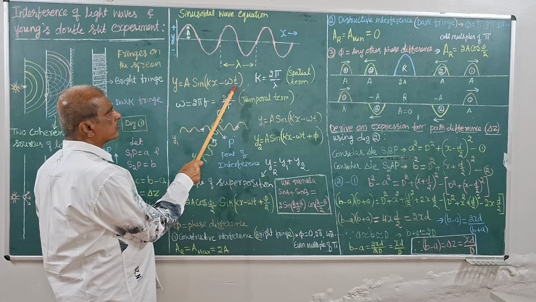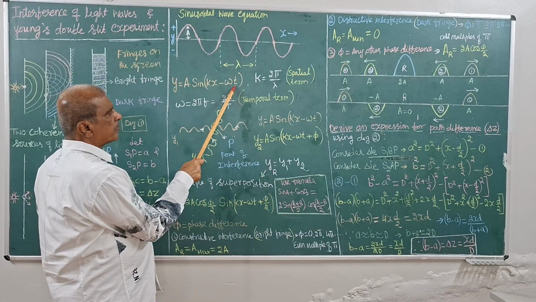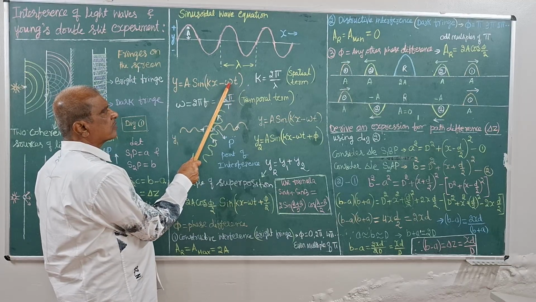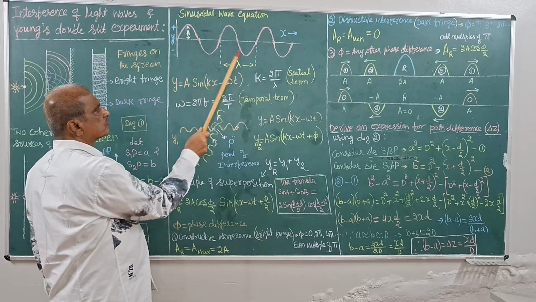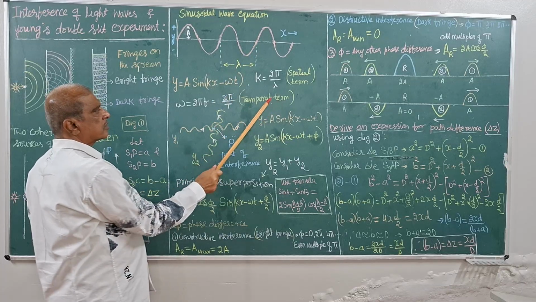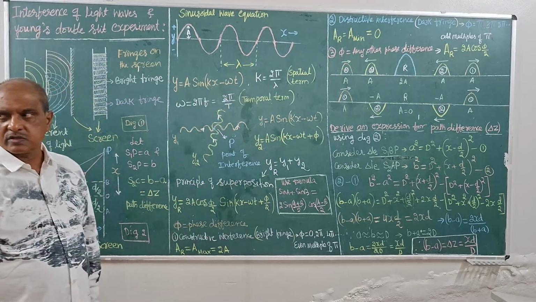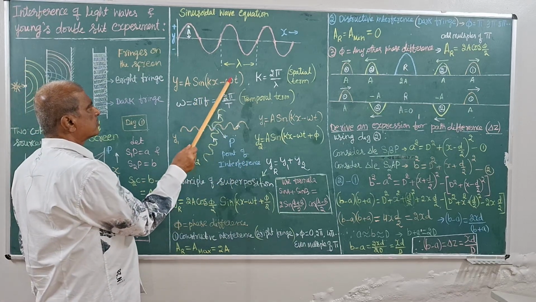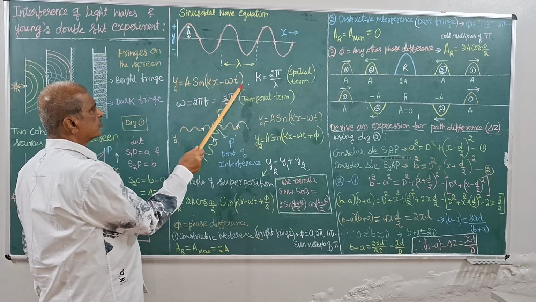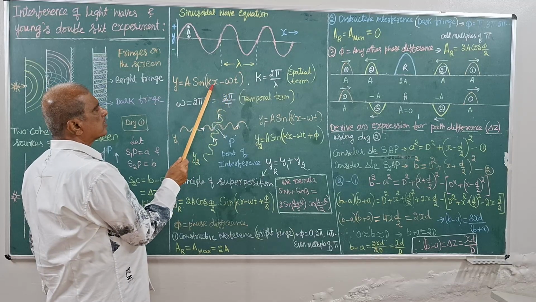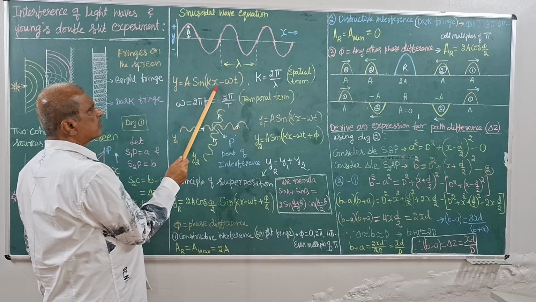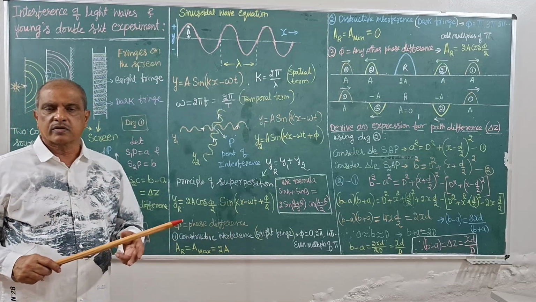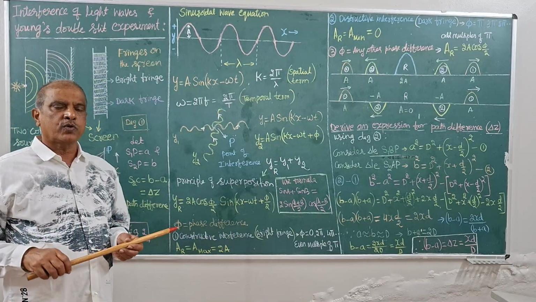Omega t is time dependent, time related. How does this time change? That is a temporal term. The temporal term is time dependent. This is called the temporal term. This is called the spatial term. And the summation, what is that? The plus or minus gives a number without unit, a numerical value without unit.